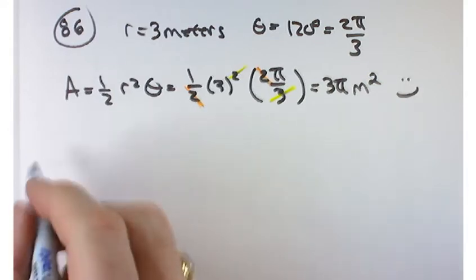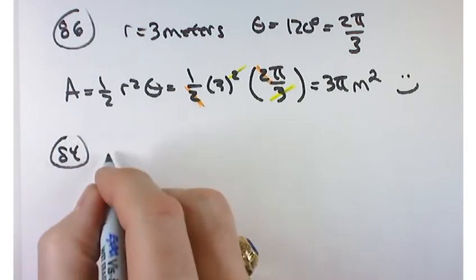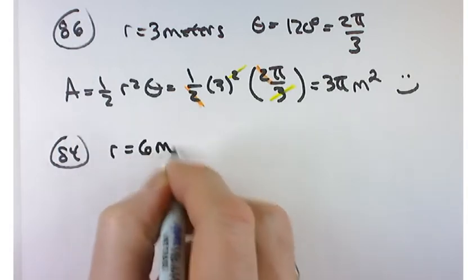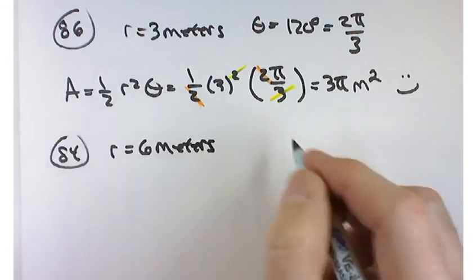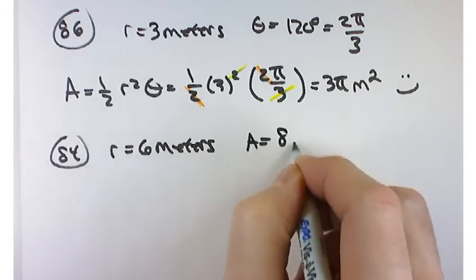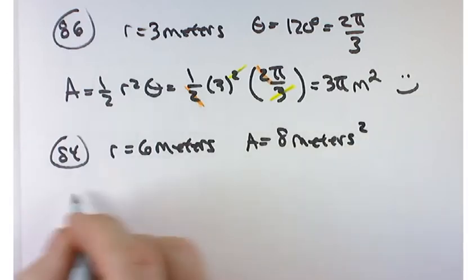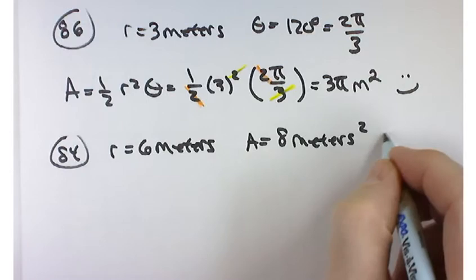So, problem number 84. R is 6 meters. Area is 8 meters squared. And we need to know what theta is. Theta is unknown in this.